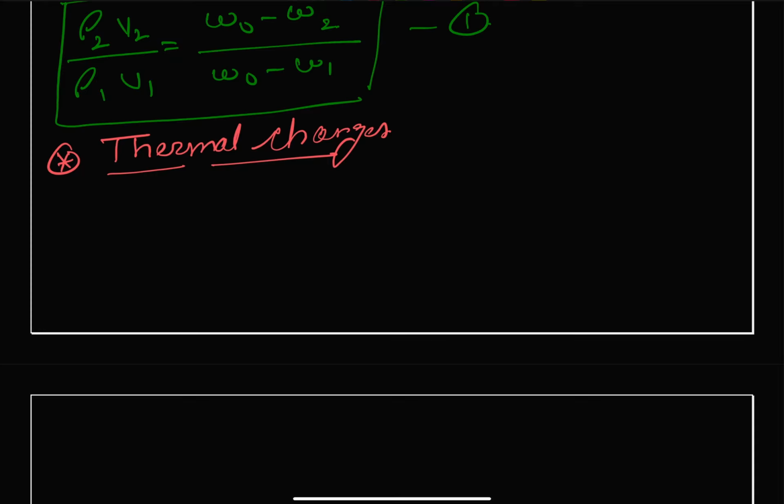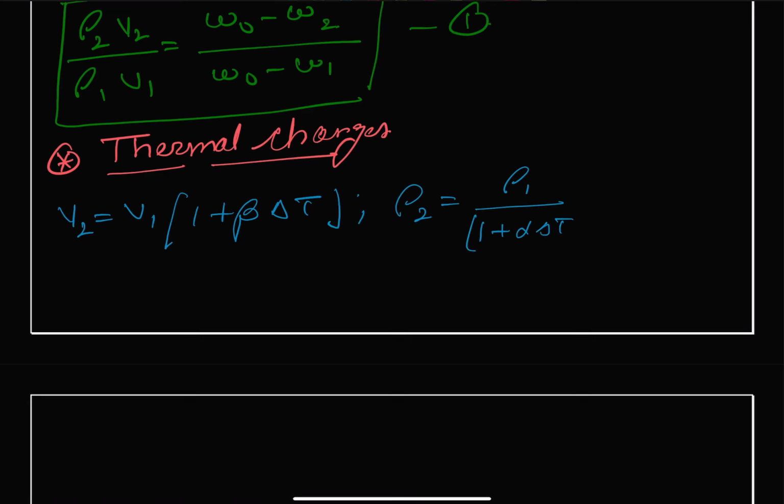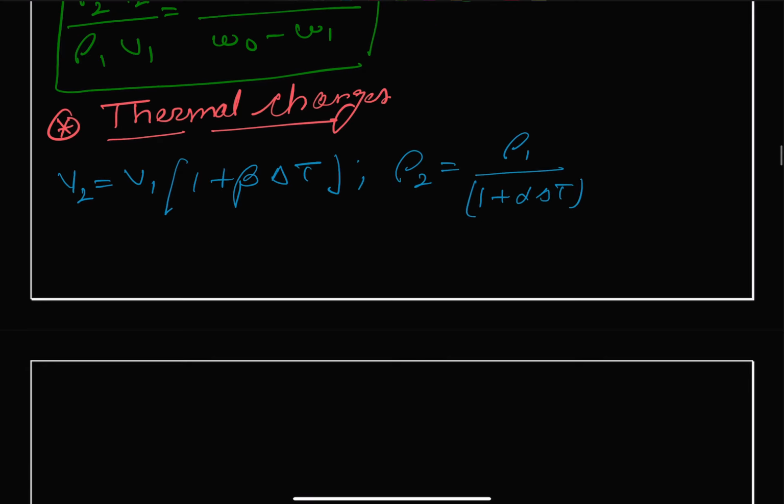So we can write that V2 is equal to V1 times (1 plus beta delta T), and in terms of density, ρ2 is equal to ρ1 divided by (1 plus alpha delta T), and according to the binomial expansion, this can be approximated as ρ1 times (1 minus alpha delta T).